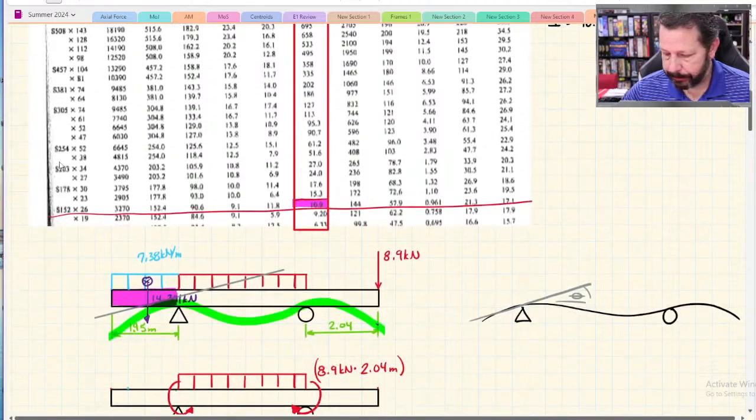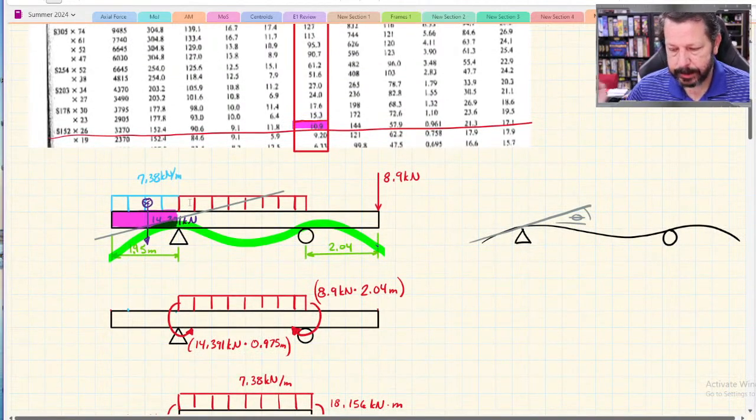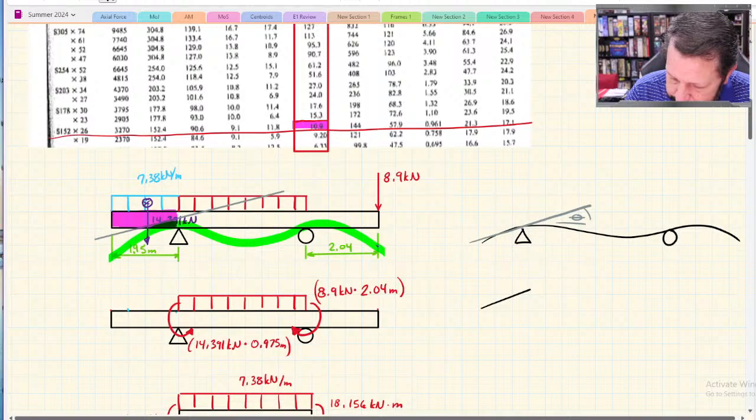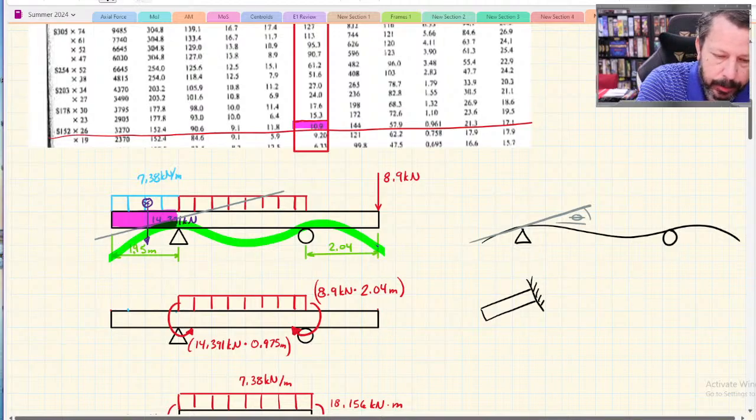So assuming you know that, then you say, okay, if this is the right slope, then I'm going to start out with that little piece of the cantilever, kind of like this, and then I'm going to put my distributed load on it. Well, I colored it blue, didn't I?